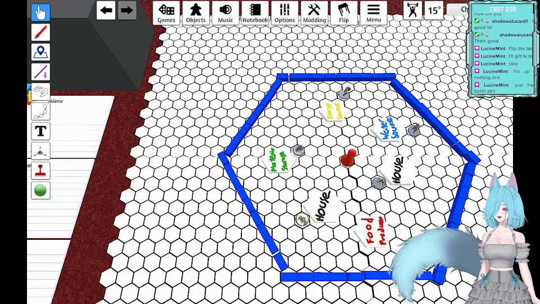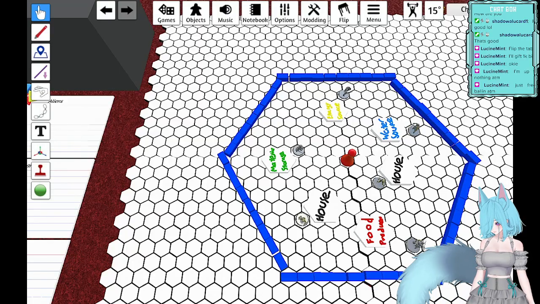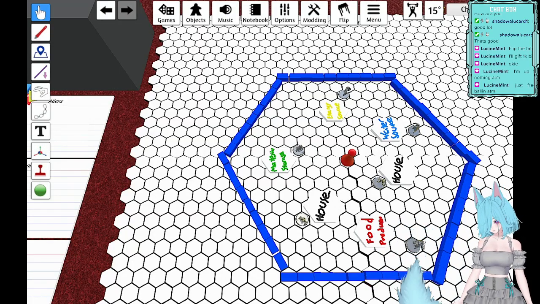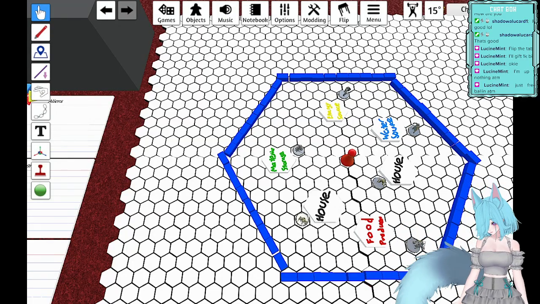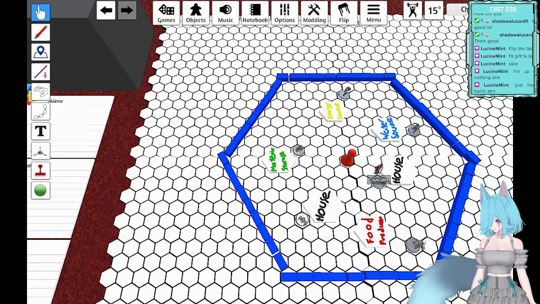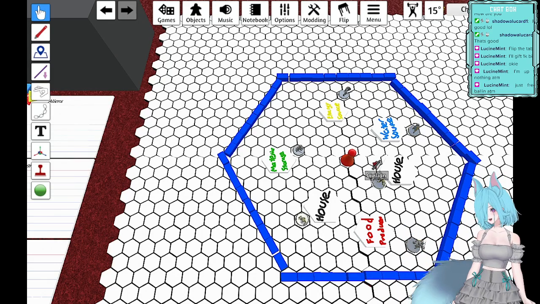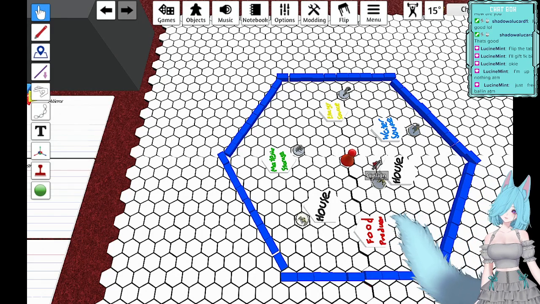Currently, we have 4 guards here. For each house that we build, we get a maximum of 1 civilian and 2 guards.